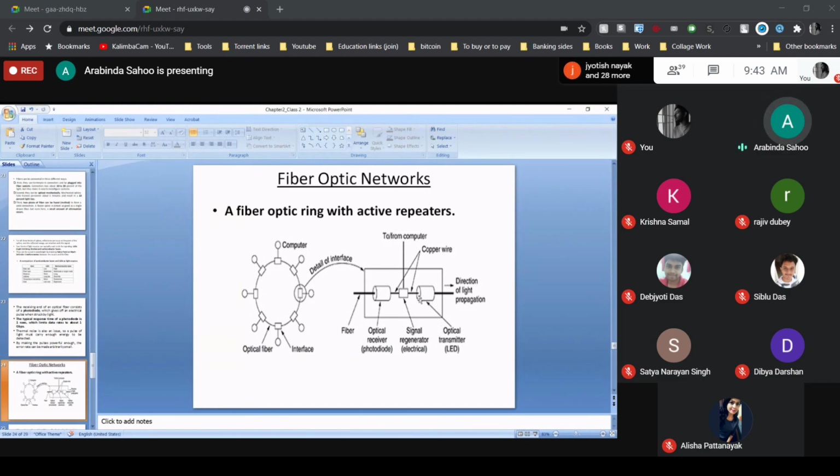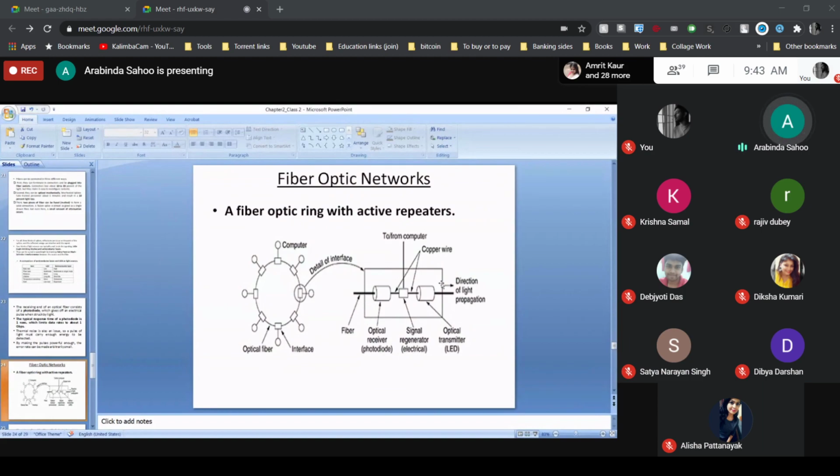Again it is converted in the form of light, in the direction of light propagation, and then travels to the next interface.